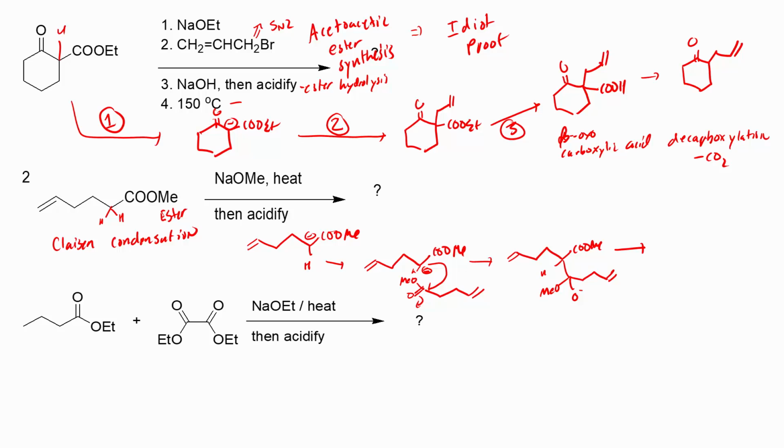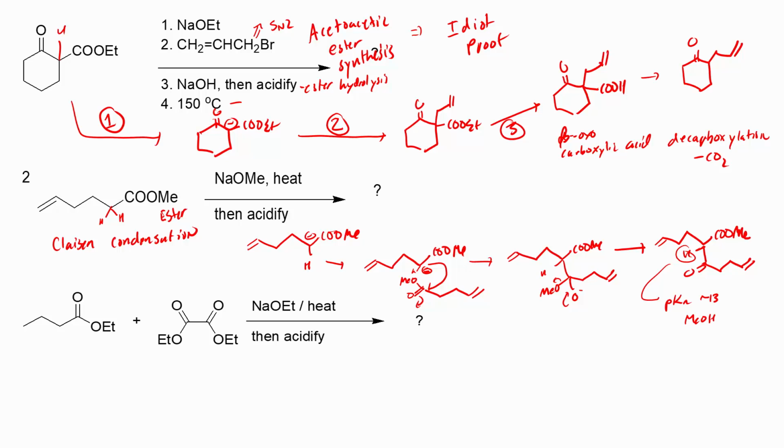I'm going to do essentially a nucleophilic acyl substitution. Okay. I'm going to kick out the methoxy. The pKa here of a beta keto ester is about 13.